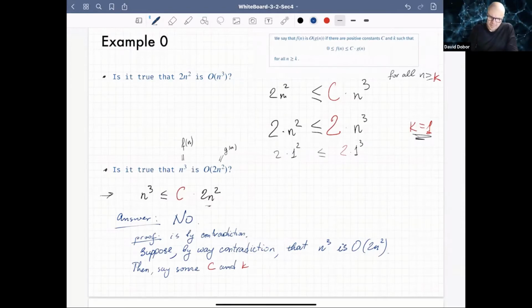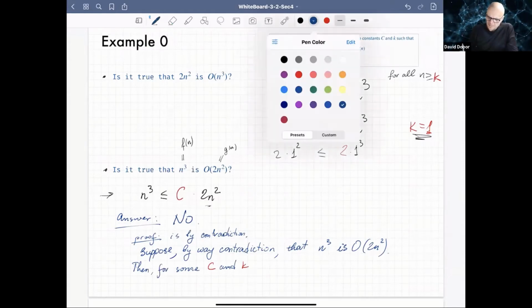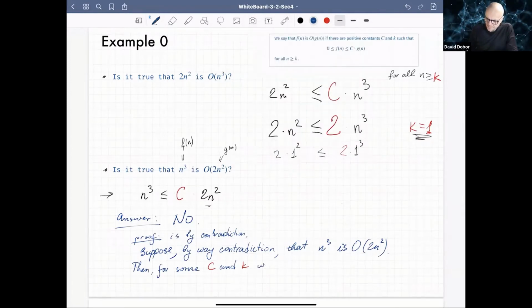Then for some K and C, we have that n cubed is less than or equal to C times 2n squared for all... okay, for all. Now, what can I deduce from this?